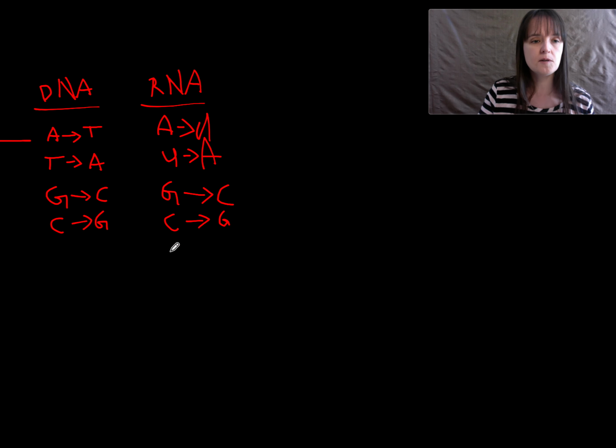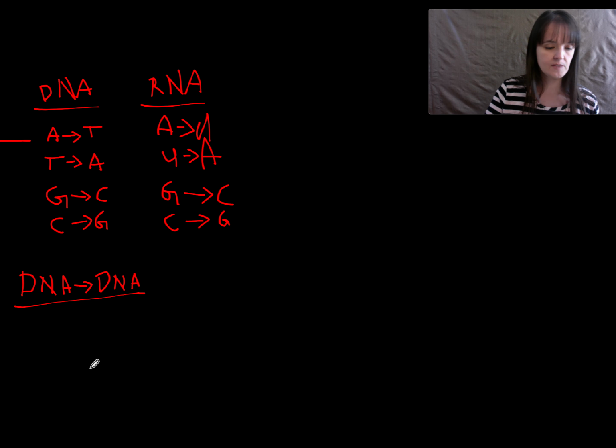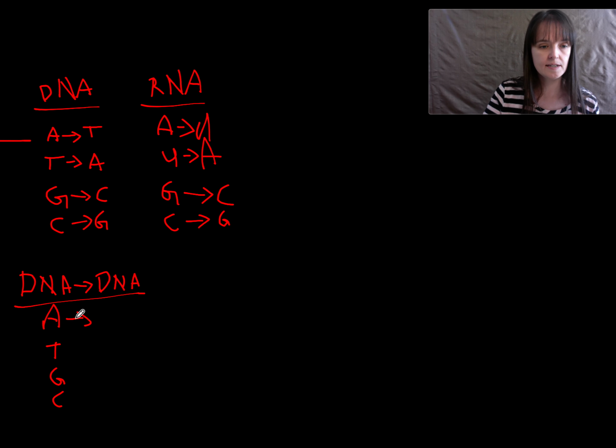All right, so now if on the test I say I have this DNA and we're going to bind it to DNA, what complementary base pair will bind to it? So these are the DNA to DNA rules. In DNA, you have DNA, you're binding to DNA.